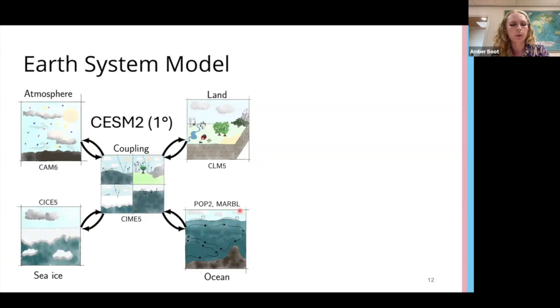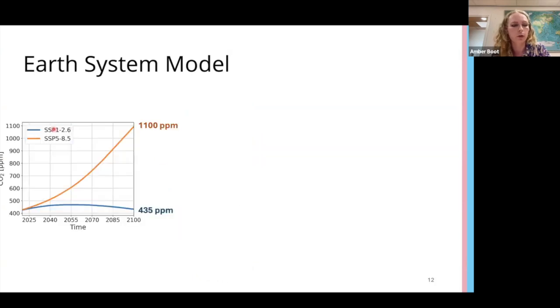Now, we forced this model with 2 emission scenarios. We have the SSP1 2.6 here in blue and the SSP5 8.5 in orange. You can clearly see this is quite a big difference in forcing conditions in 2100. In all simulations, they are run from 2015 to 2100.